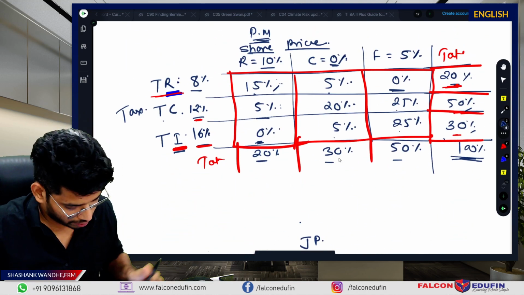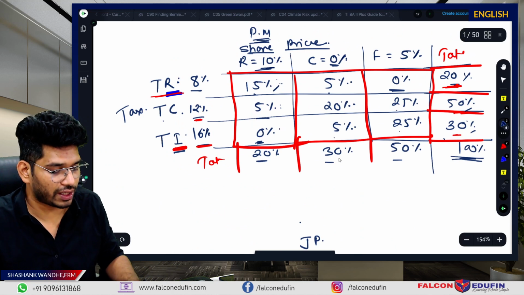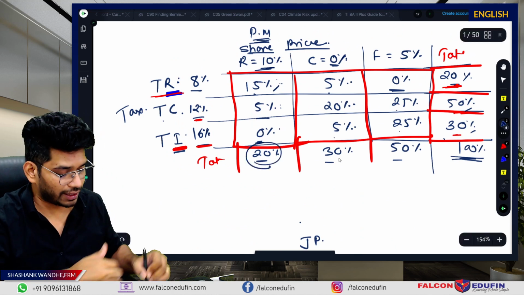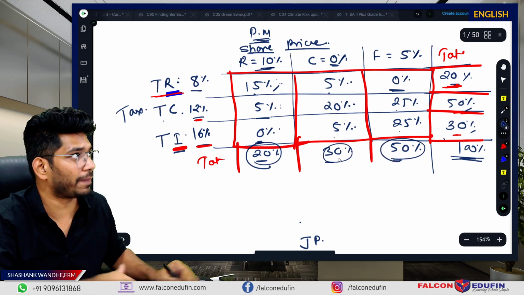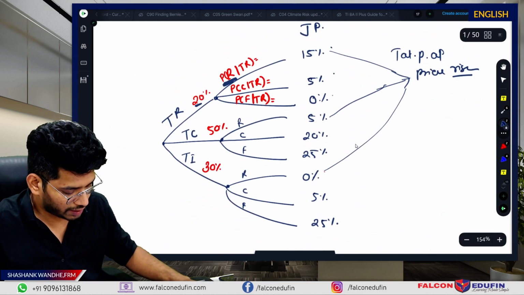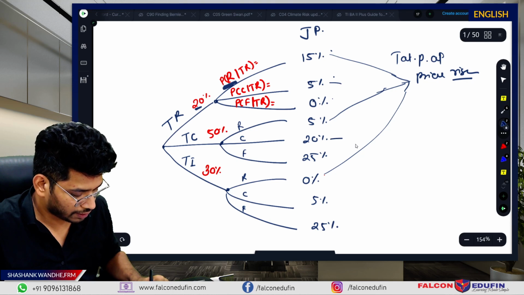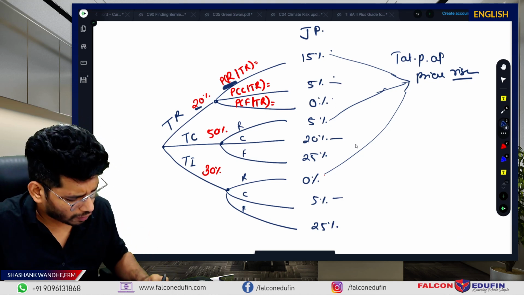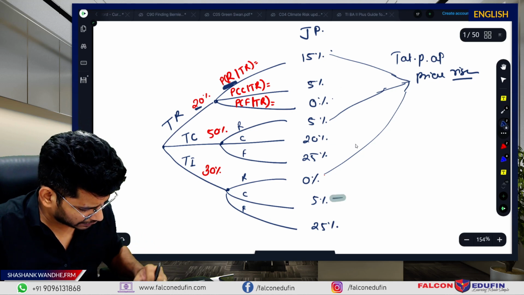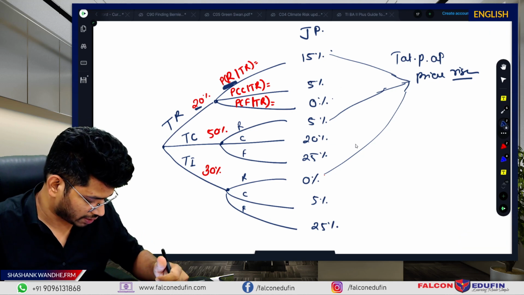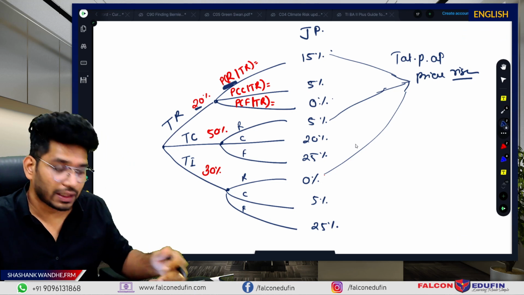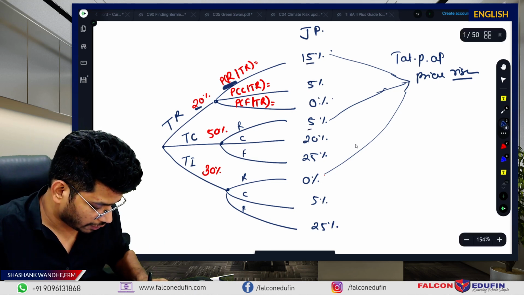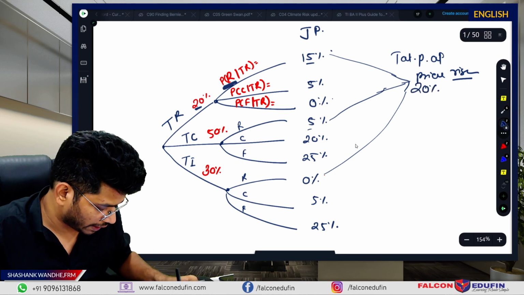So the total probability of share price rise is 20%. In similar fashion, you will get 30% and 50%. Just take the total of the second values, the constant values, and you will get 30%, right? So first I will note down the answer for this, which is 20%.